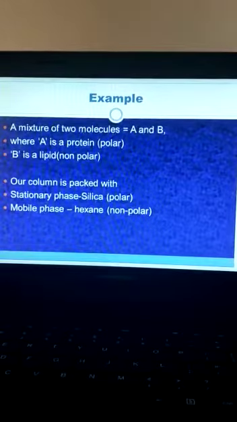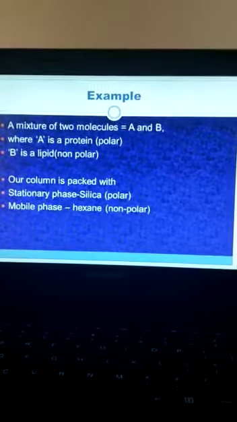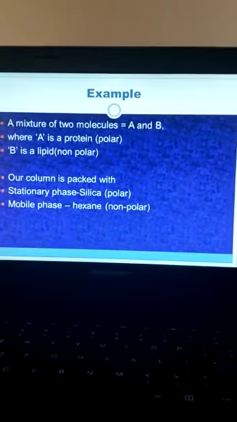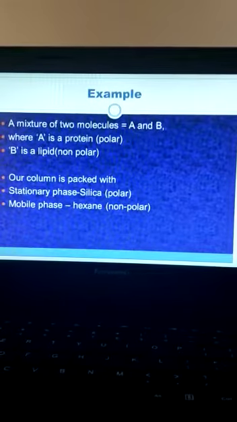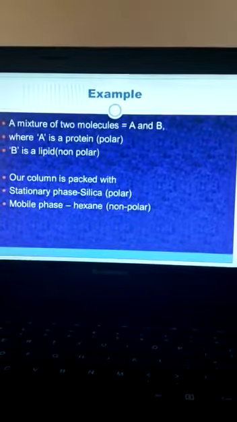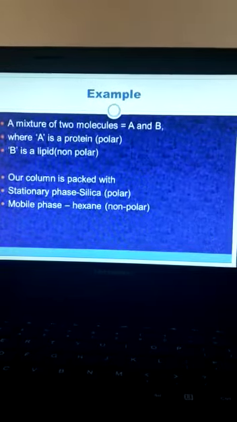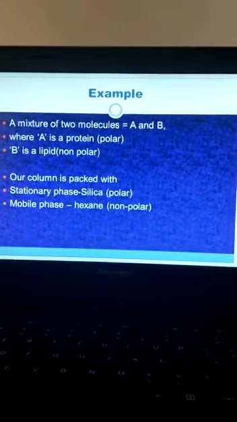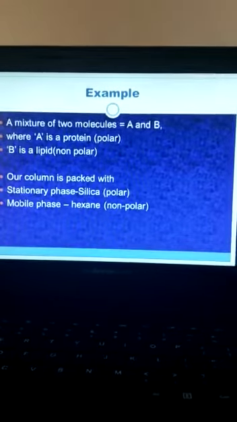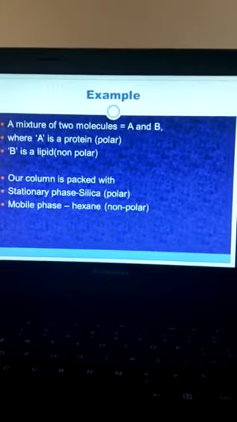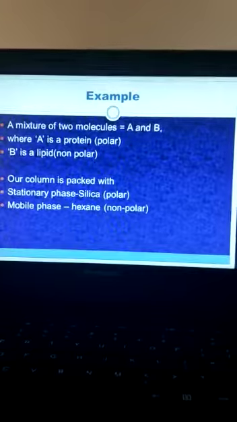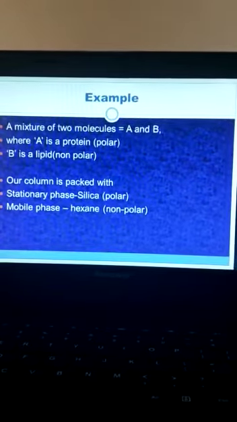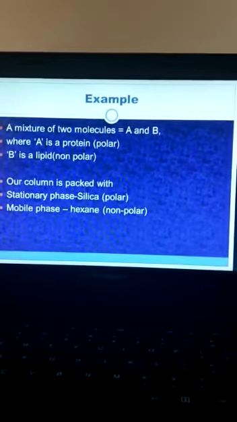What do you think will happen when we load this mixture of A and B onto a column? A being polar in nature will adsorb onto the polar stationary phase, which is silica. B being non-polar in nature will readily dissolve in the non-polar mobile phase, hexane, without adhering to silica and will thus elute out of the column with hexane.